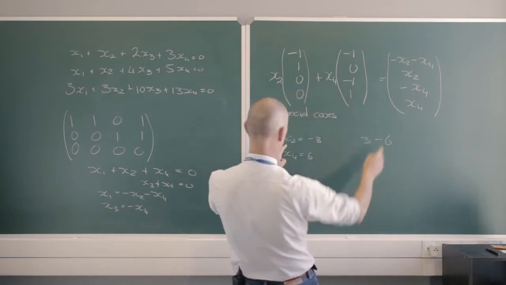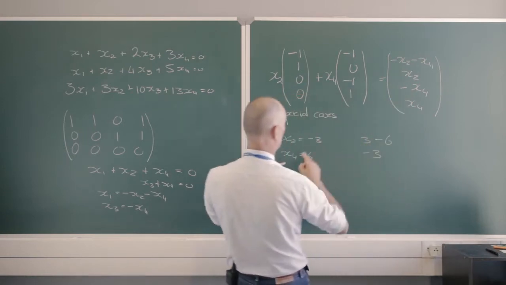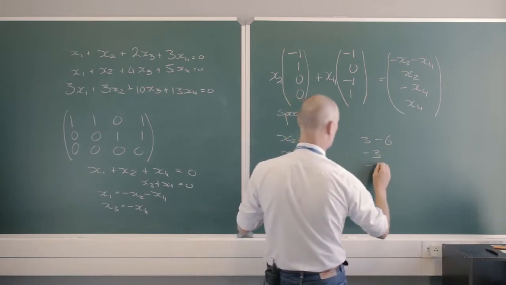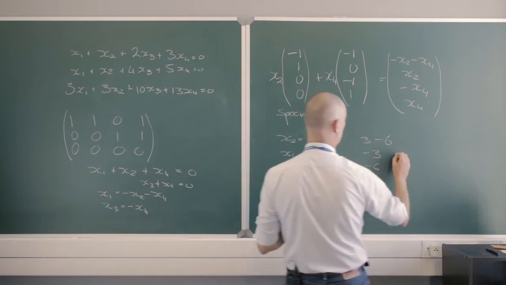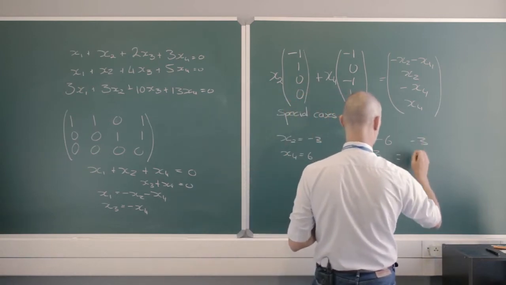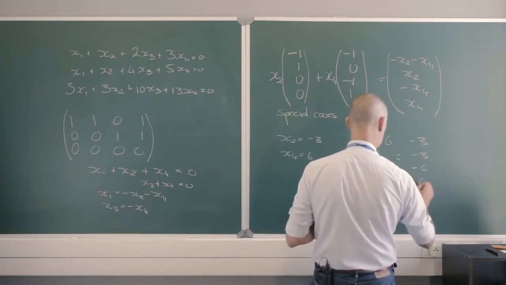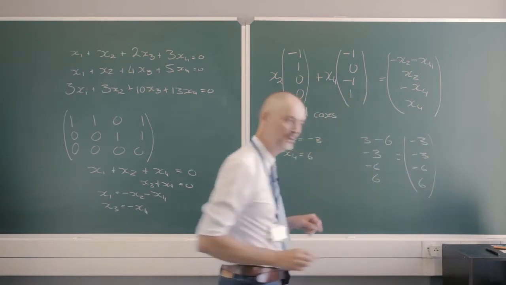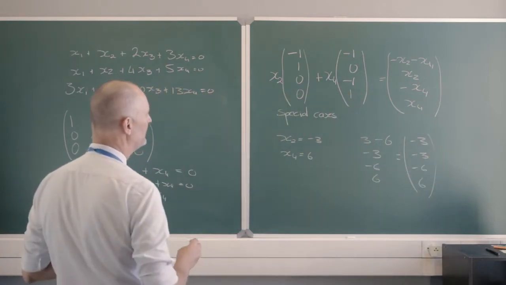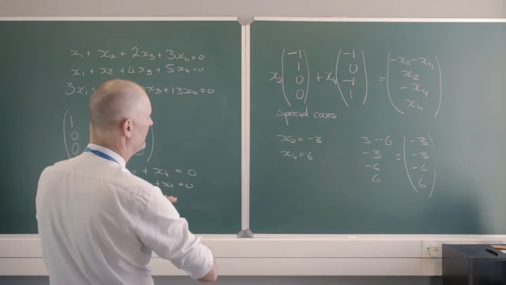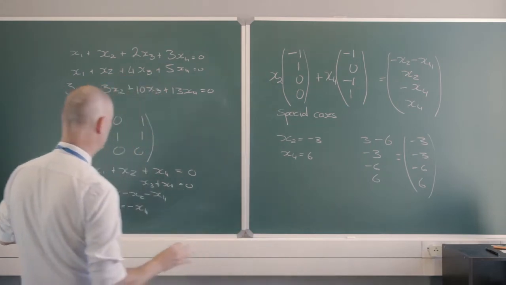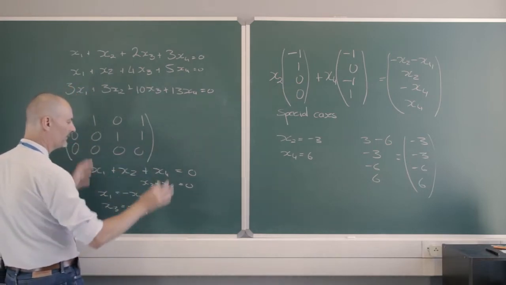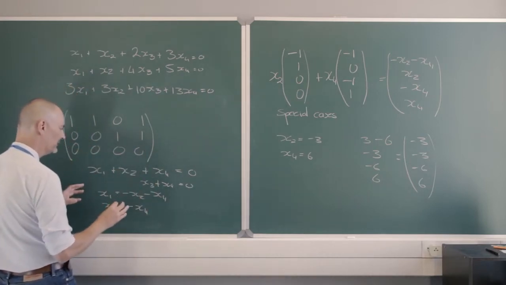So x2 is minus 3, and x4 is 6, so that's minus 6, and x4 is 6. So I'm left with minus 3, minus 6, 6. That would also be in my solution space, so that makes up this whole null space. So be very careful when you look at these. And sometimes this feels very tricky, you know, what do I do?